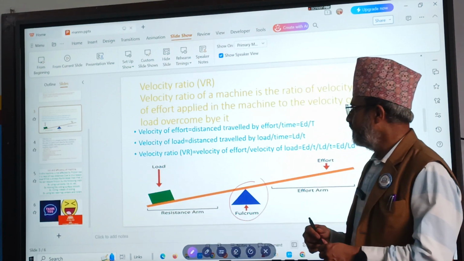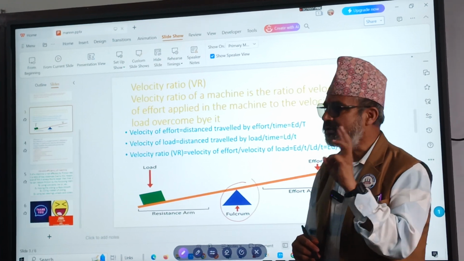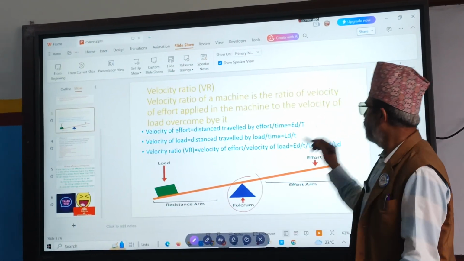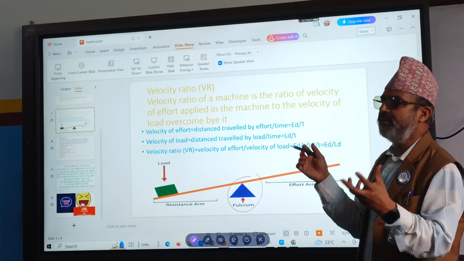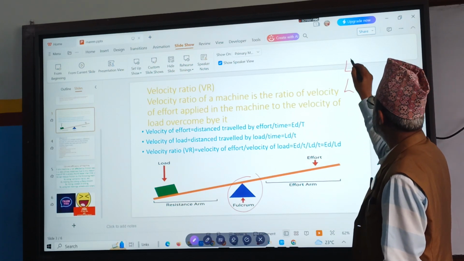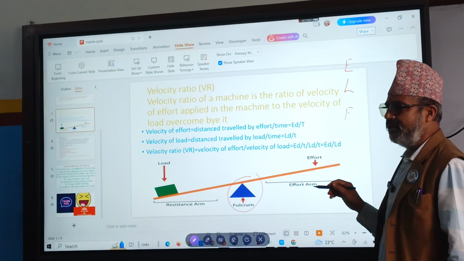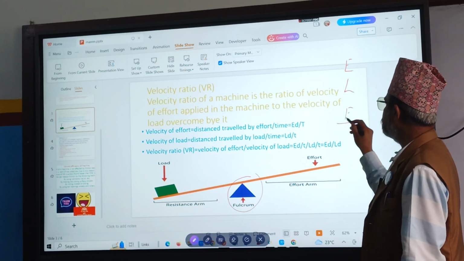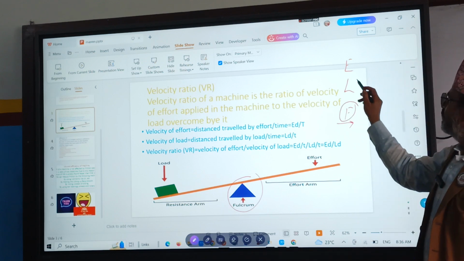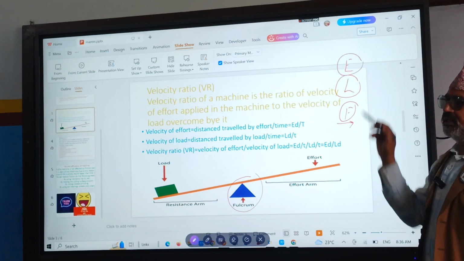That is fulcrum. That's why we have discussed three types of levers: first class lever, second class lever, and third class lever. And to find the type of lever, one formula we have learned, that is FLE. What is the formula? F means in first class, fulcrum lies at the center. In second class, load lies at the center. In third class, effort lies at the center.